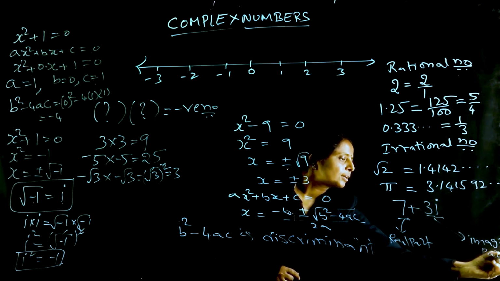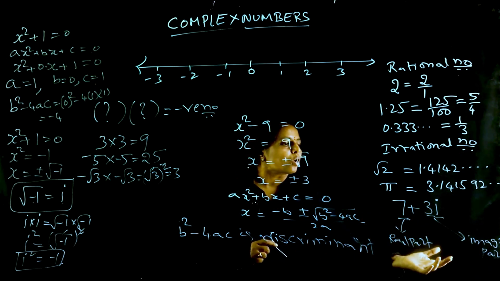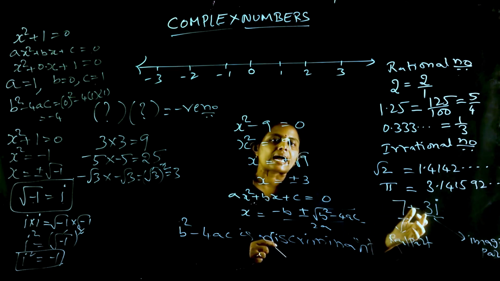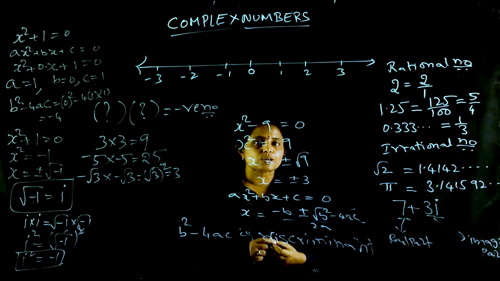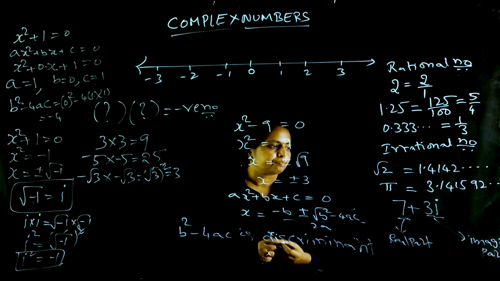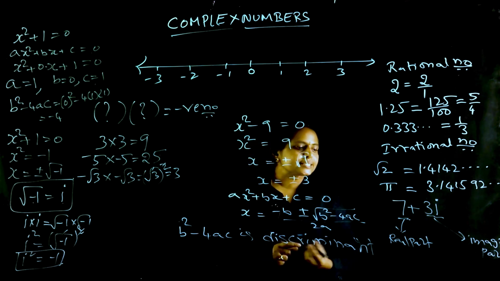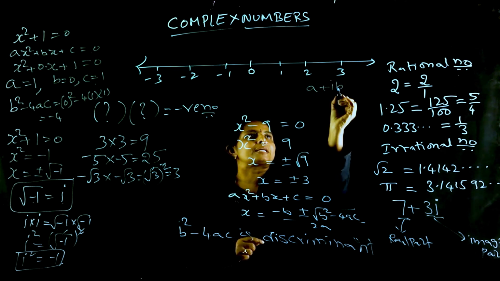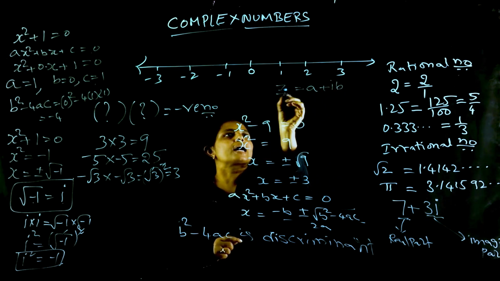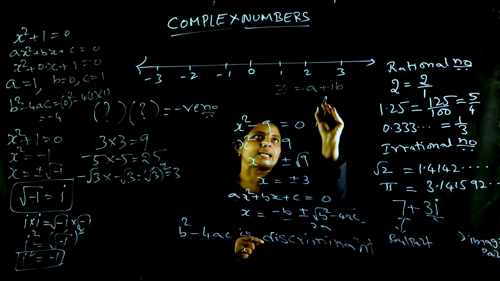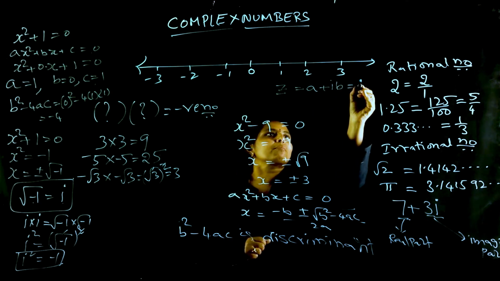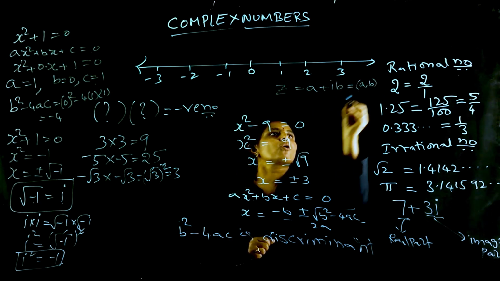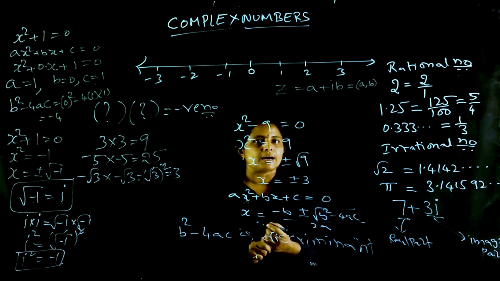This combination of real and imaginary part is called a complex number. A complex number in the form a plus ib, denoted by z, can be represented in the form of an ordered pair (a, b).